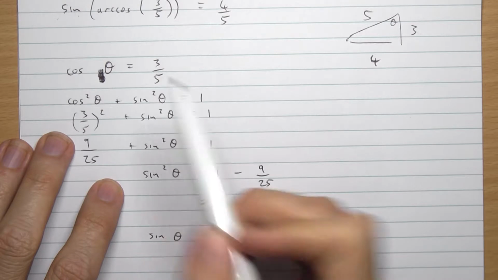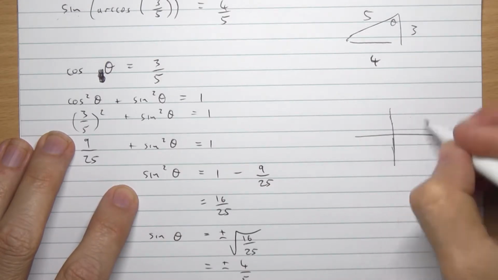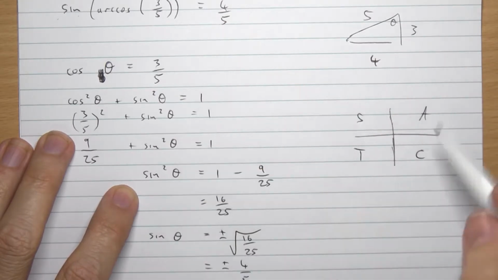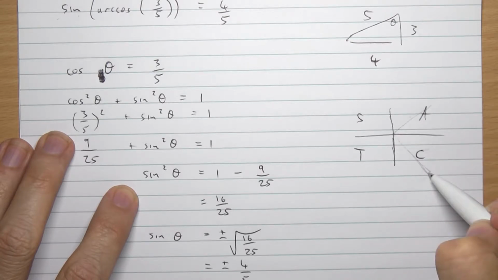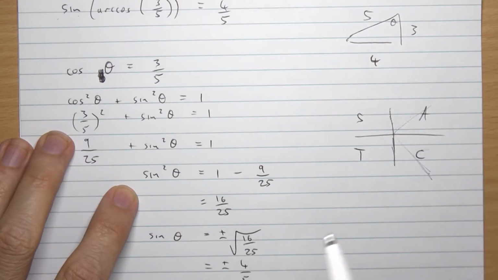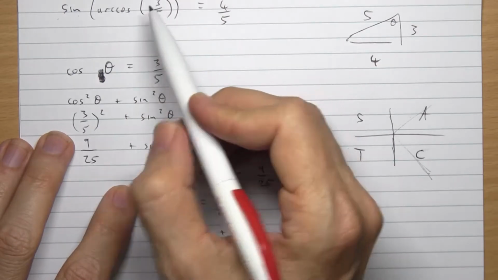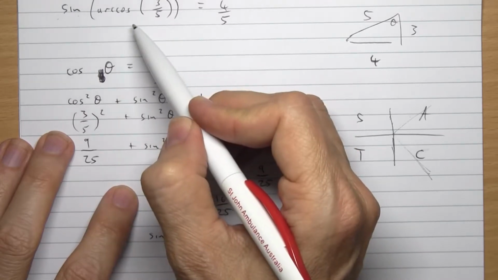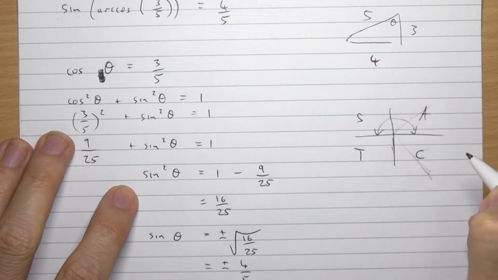So remember our unit circle. The angle must either be here or here, right? But arc cos is by definition between 0 and pi.